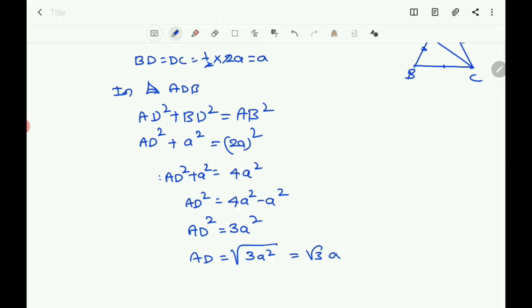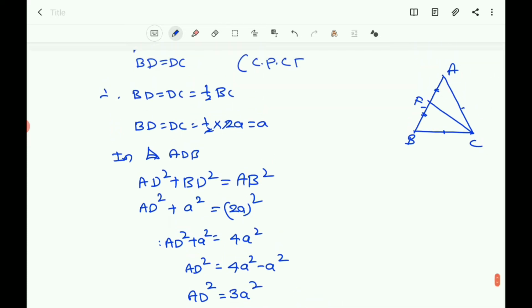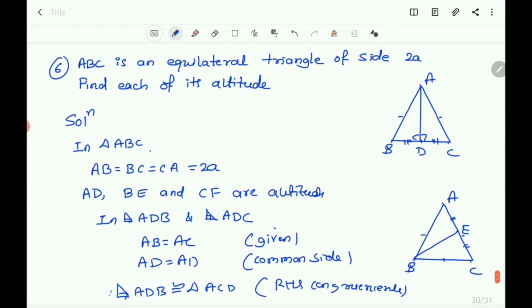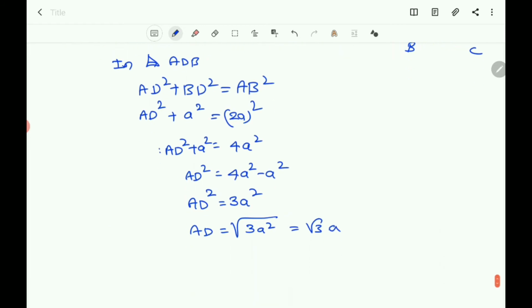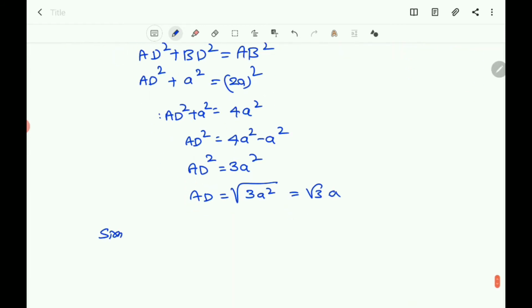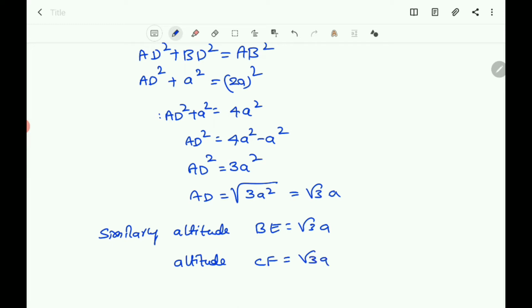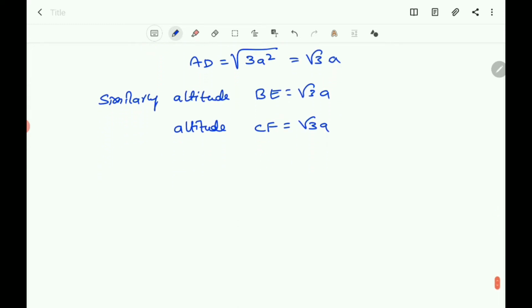So you got the measurement of one altitude. Similarly, you will get the measurement of the altitudes CF and BE. They are the same here. Similarly, altitude BE is equal to root 3 A, and altitude CF is also equal to root 3 A. So what is the measurement of each altitude here?